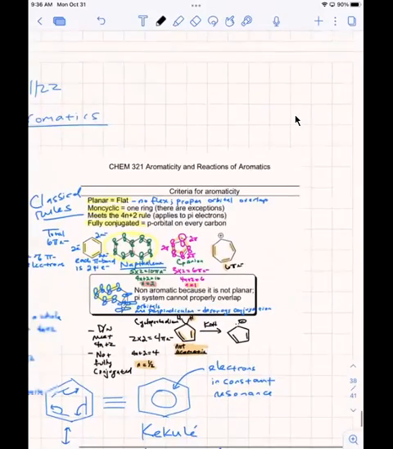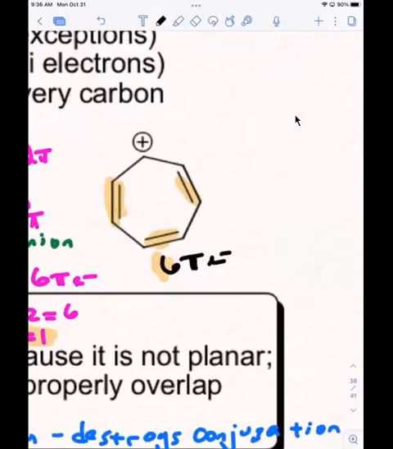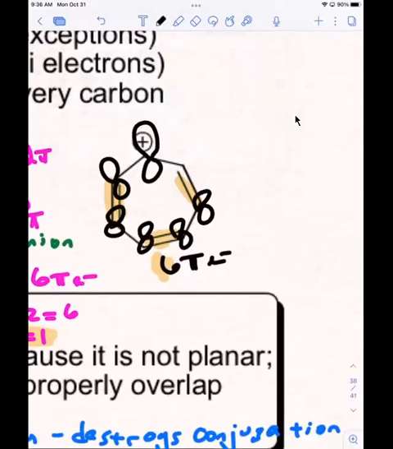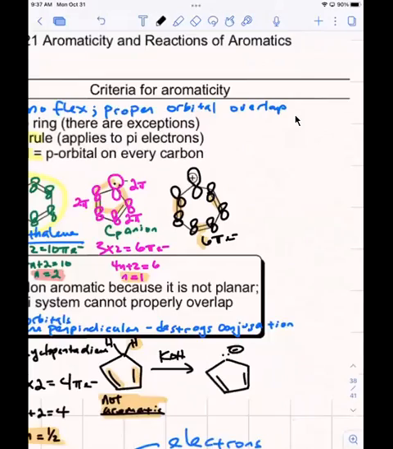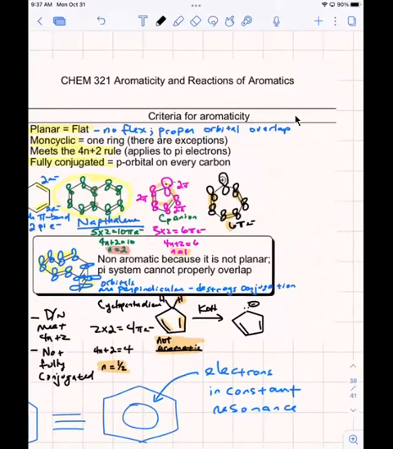All right, and what about the conjugation? Didn't you say a positive on a carbon would be a p orbital? It's just an empty p orbital. So does it meet the conjugation rule of a p orbital on every carbon?